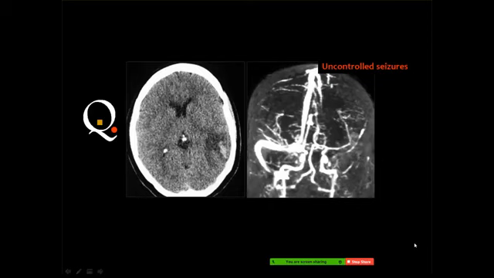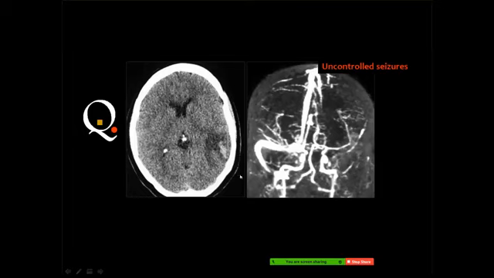There is ischemic change in the left temporal lobe. Venous infarction. Middle cerebral artery infarction. Venous infarction. Yes, and this is venous hemorrhagic infarction, because number one, it is not in the classic territory of the middle cerebral.